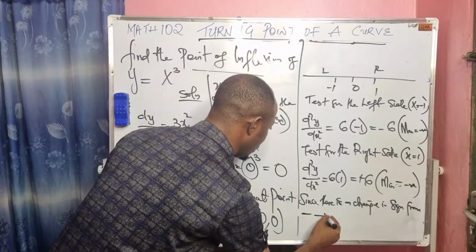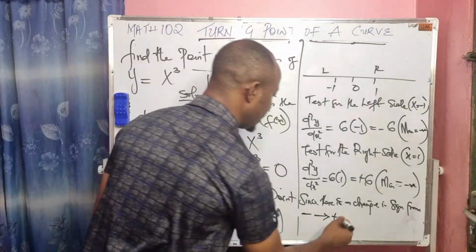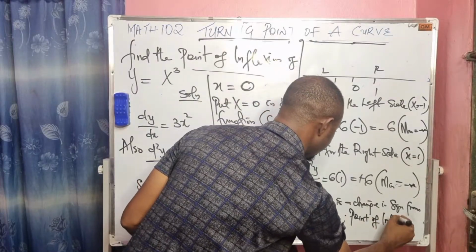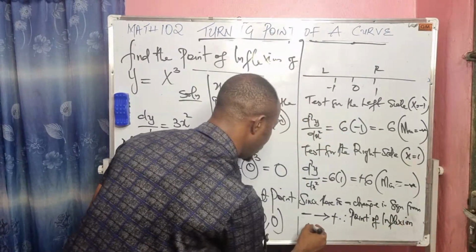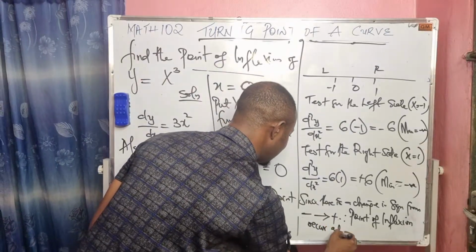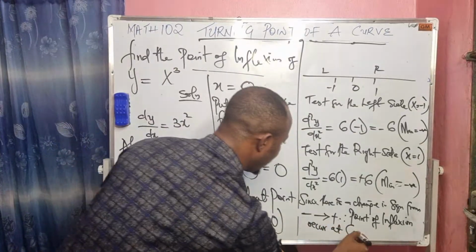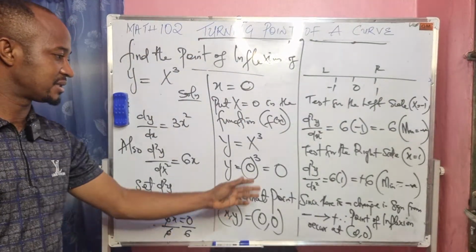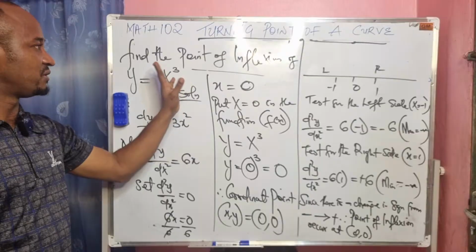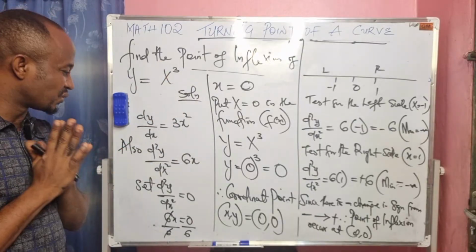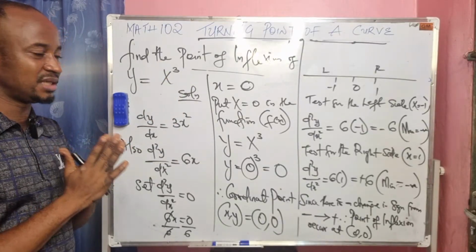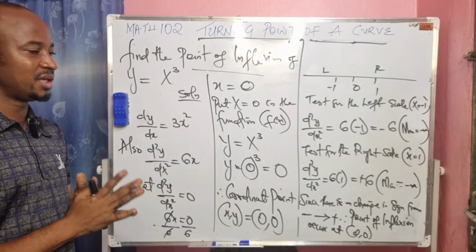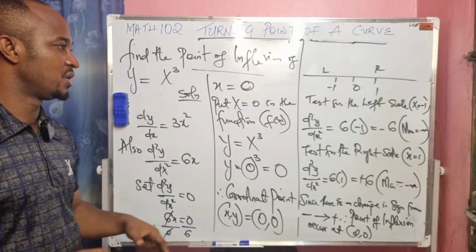From negative to positive. Therefore, the point of inflection occurs at 0. That is how simple this point of inflection is. All we just need to note are the steps. If you can take note of the steps, you can determine if there's a point of inflection or not.